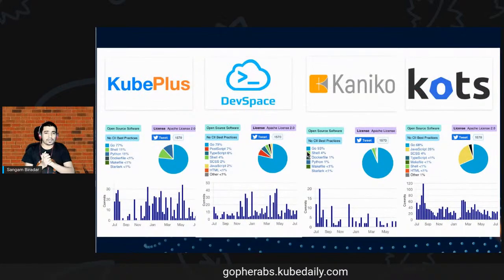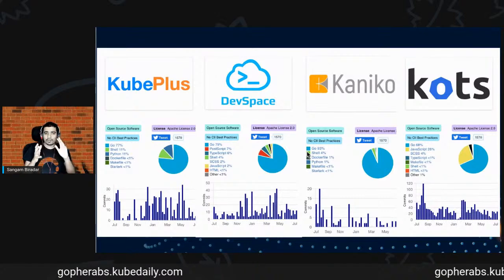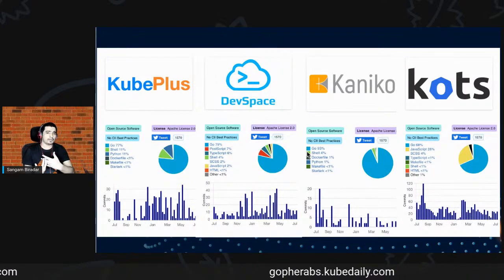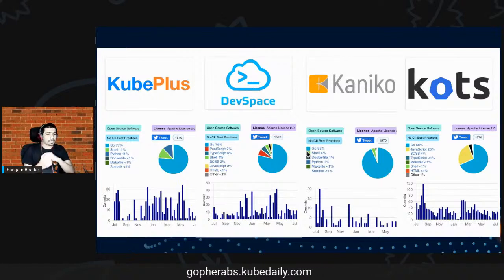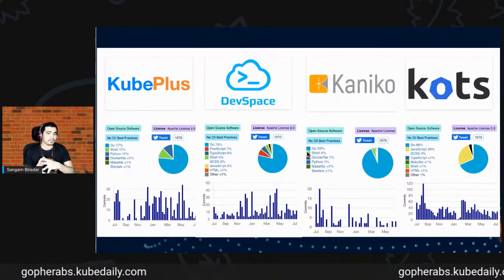Another is Scope Plus, a project which tells you a little bit about the cluster and what's going on in it. Another is DevSpace, also written in Go, 79%.